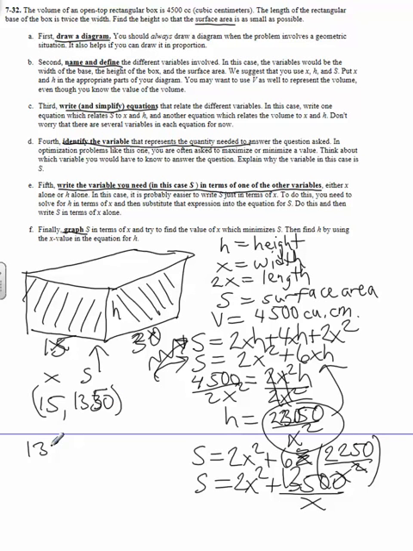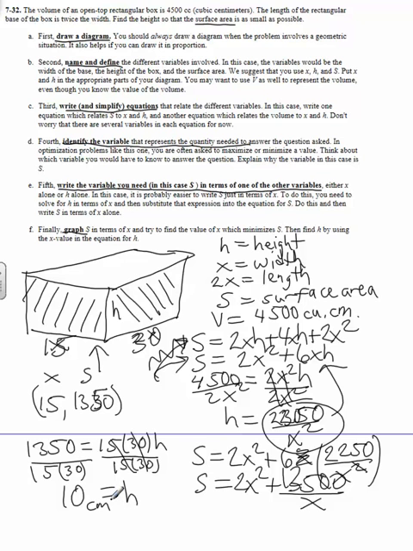So 1350 equals 15 times 30 times height. Let's divide both sides by 15 times 30. And height is 10. And this seems to be all in centimeters, so my height is 10 centimeters.